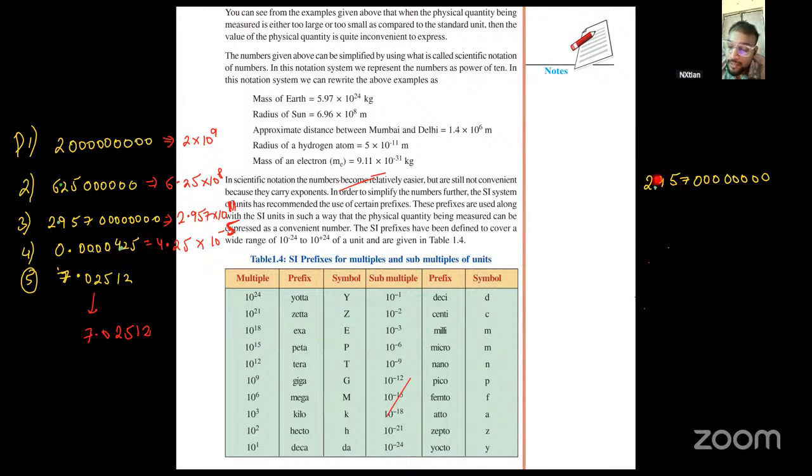For example, 1, 2, 3, 4, 5, 6, 7, 8, 9, 10, 11. So it will be written as 2.957 into 10 to the power 11.